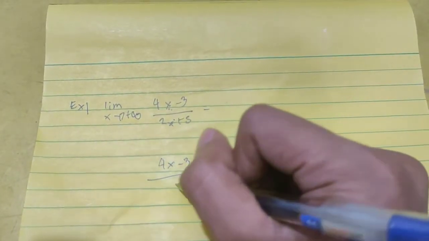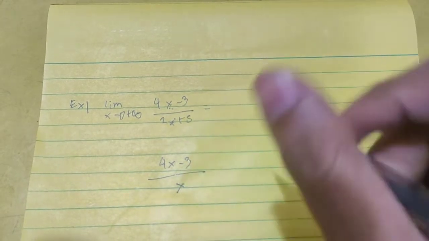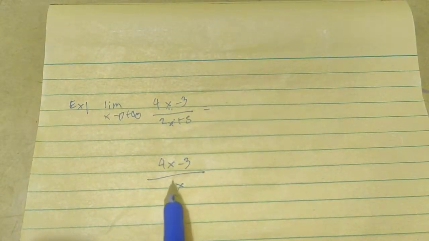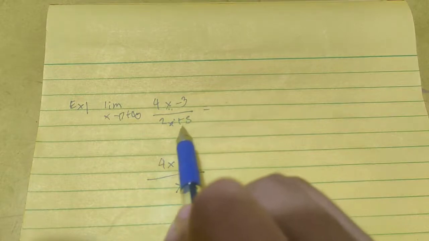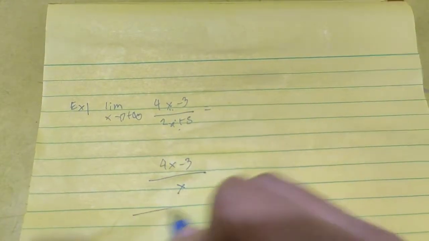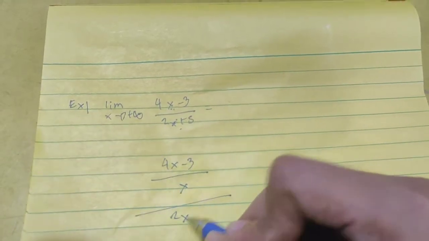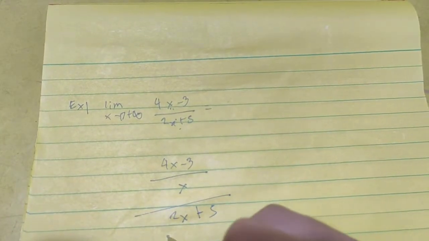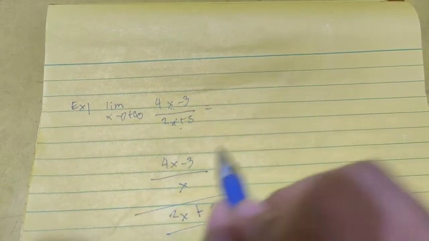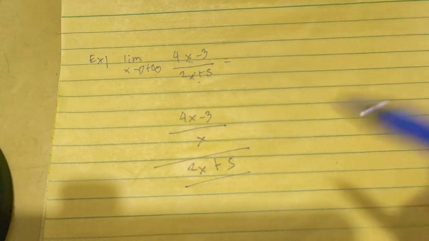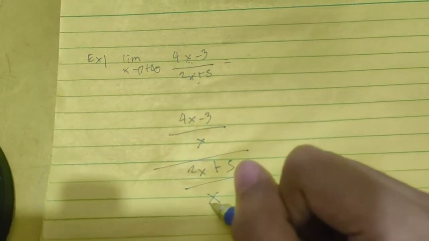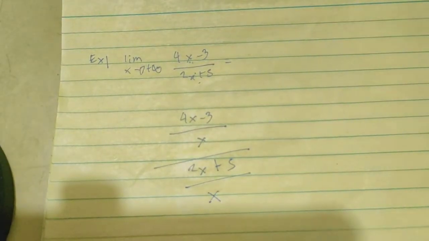Now let's do it also to the denominator over here, 2x plus 5. We're also going to divide by the highest degree, which is x raised to the power of 1.